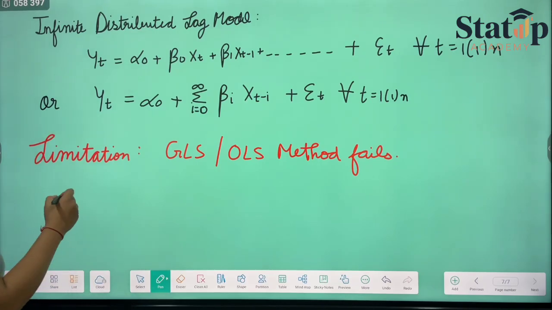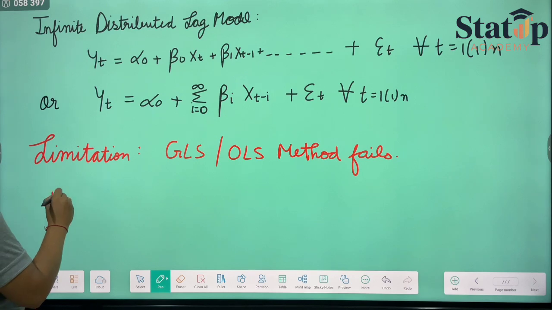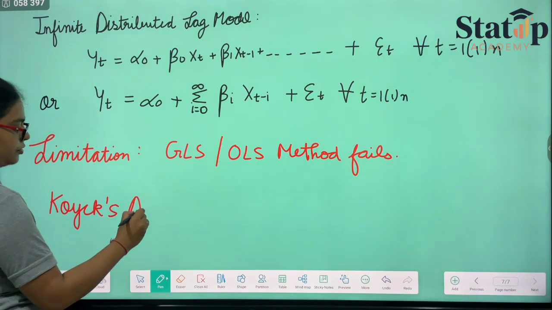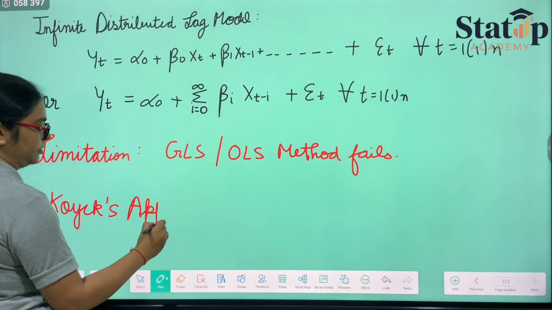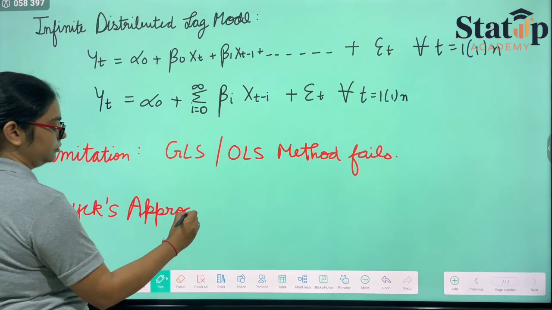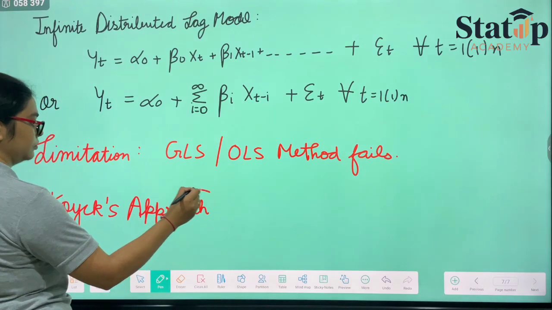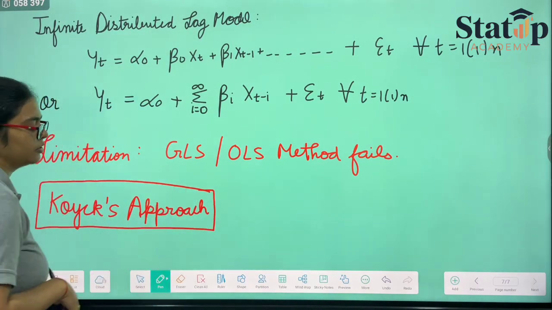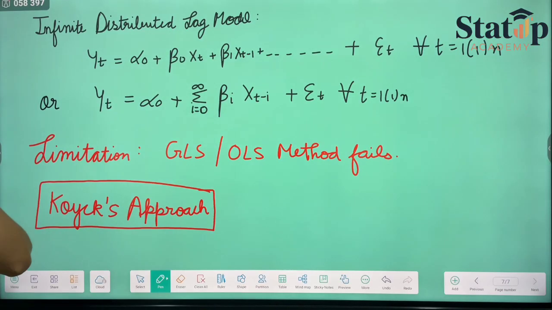So we have a new approach, known as Koyck's approach, to solve this model. To solve this model, we will apply Koyck's approach.